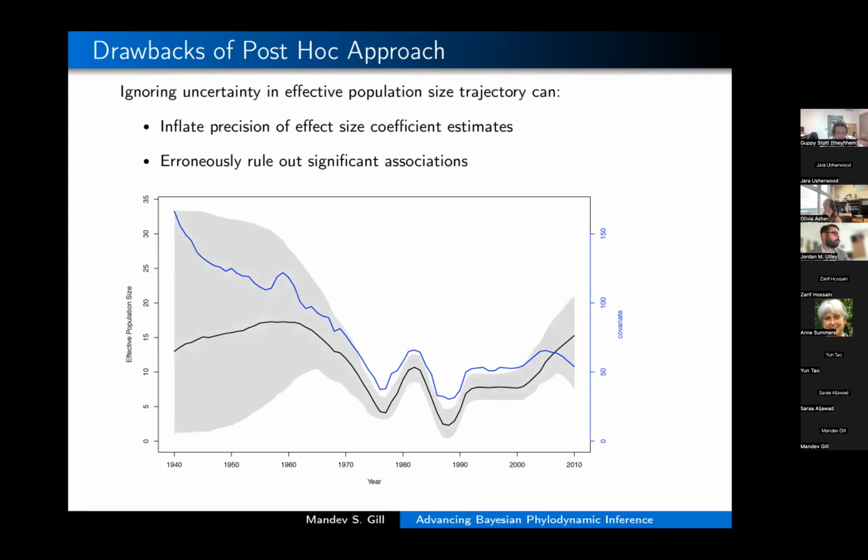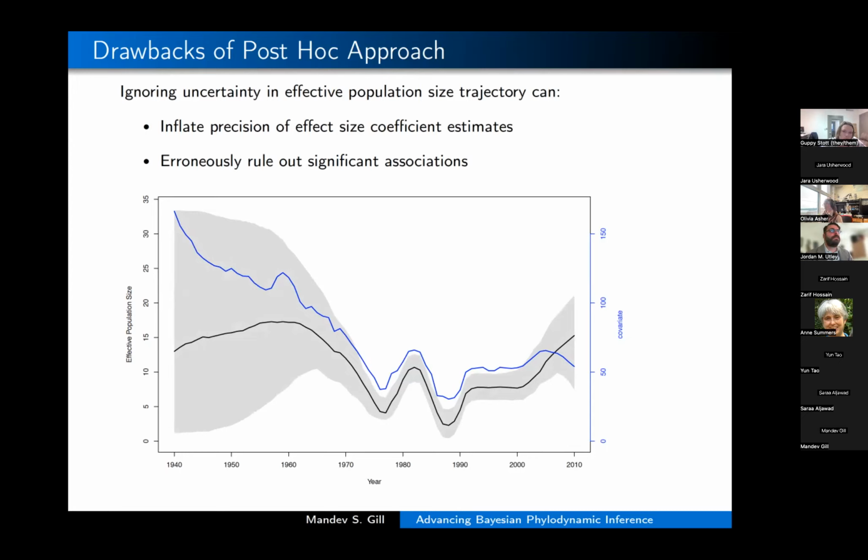But when we consider the uncertainty of the effective population size estimate, shown in shaded gray, we see that during the time periods where the mean effective population size and covariate exhibit divergent behavior, there's a great deal of uncertainty about the effective population size.